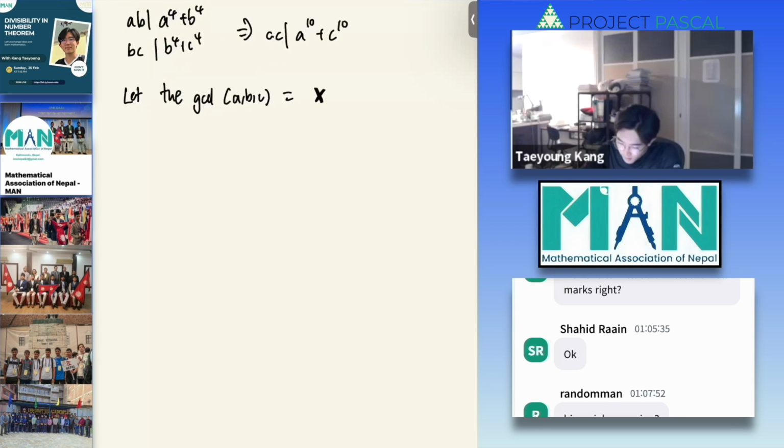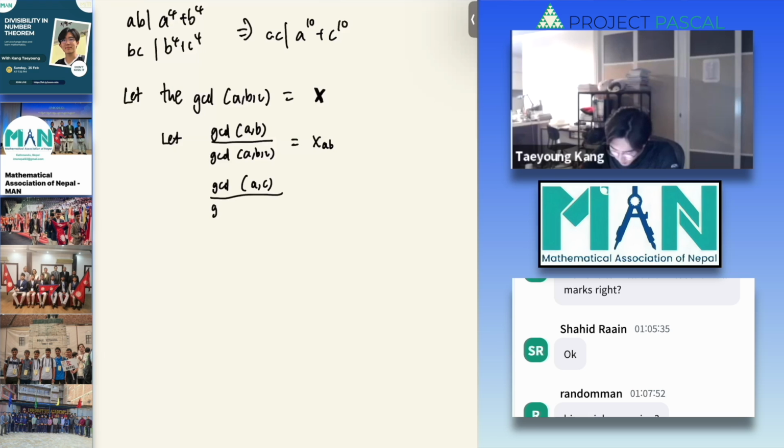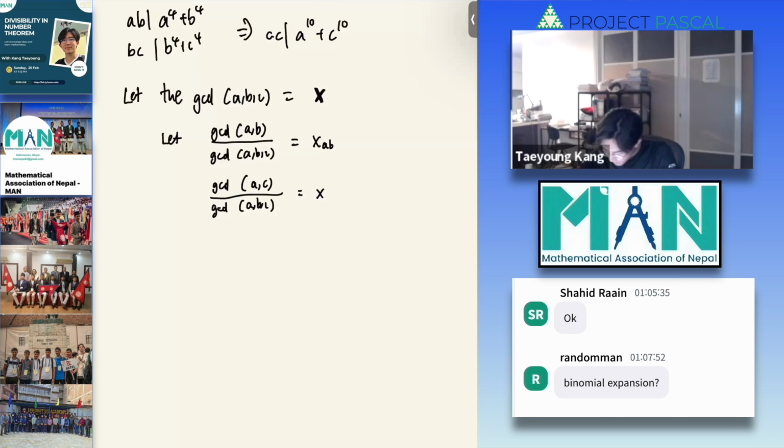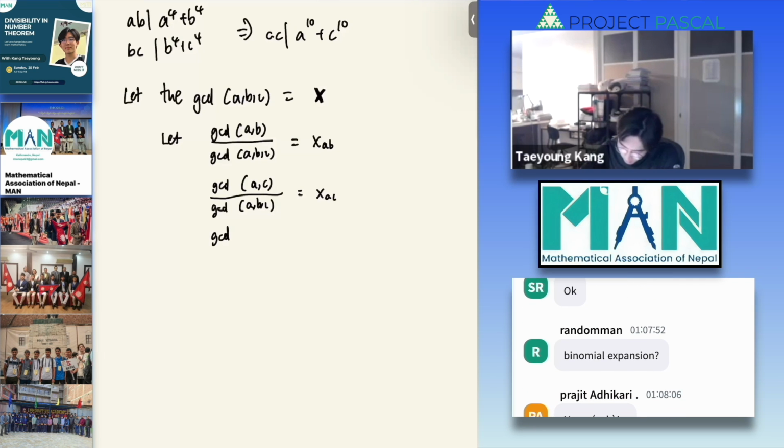Then let the GCD of A and B divided by the GCD of A, B, C be equal to x_AB. The GCD of A and C divided by the GCD of A, B, C be equal to x_AC, and the GCD of B and C divided by the GCD of A, B, C be equal to x_BC.